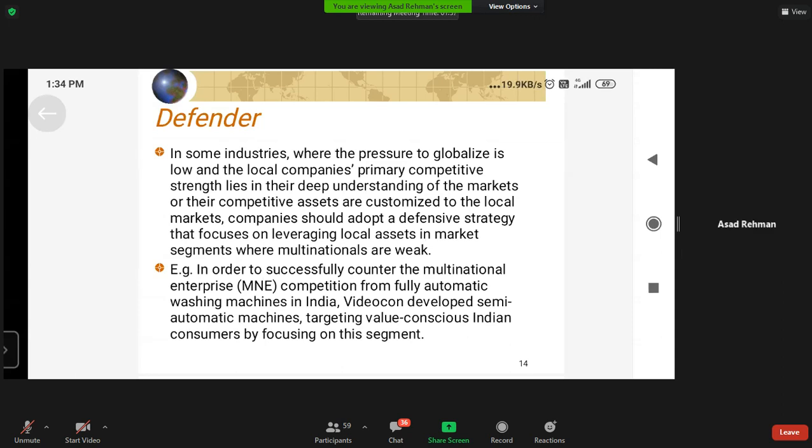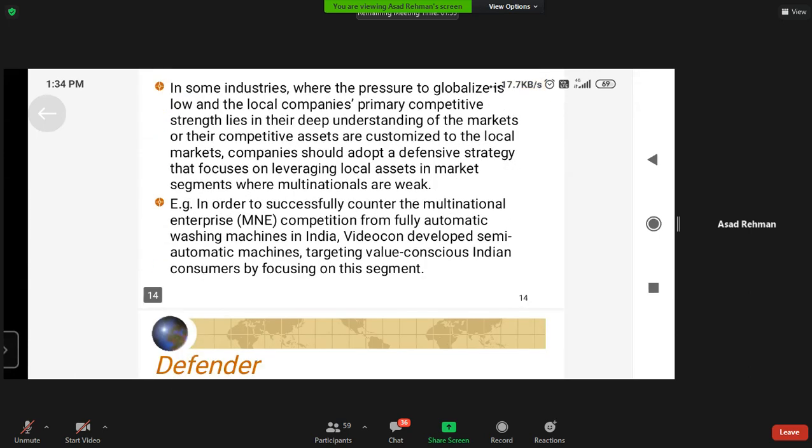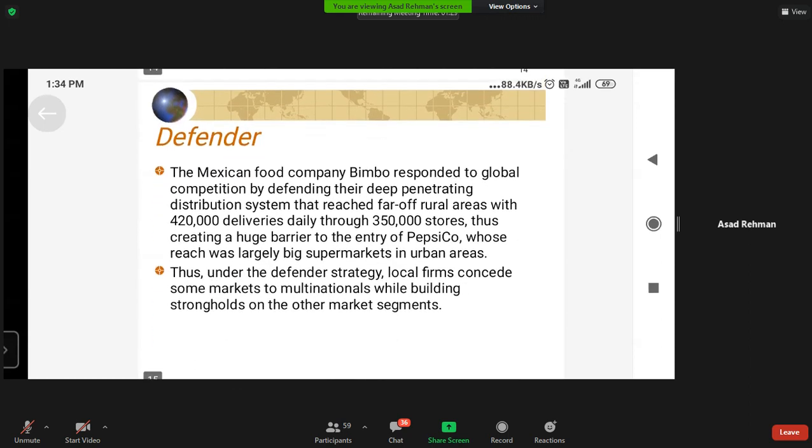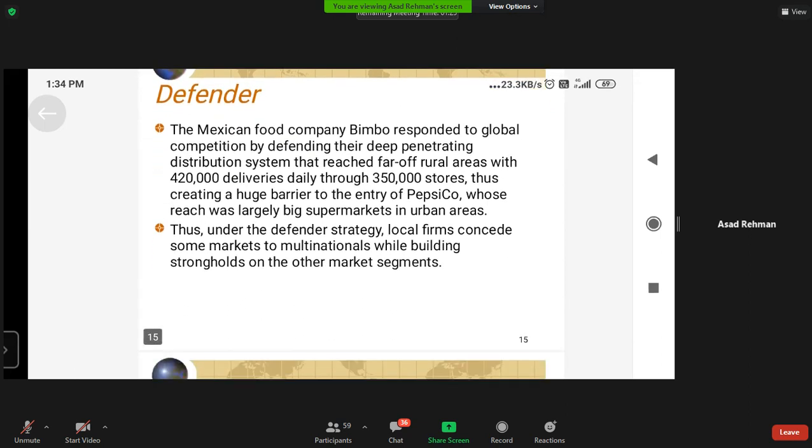So one last thing before we wind up for today. Another example is given here about the Mexican food company Bimbo. It responded to the global competition by defending its deep, penetrating distribution system, right? So in the case of Videocon, it was their semi-automatic washing machine and the value-driven market.